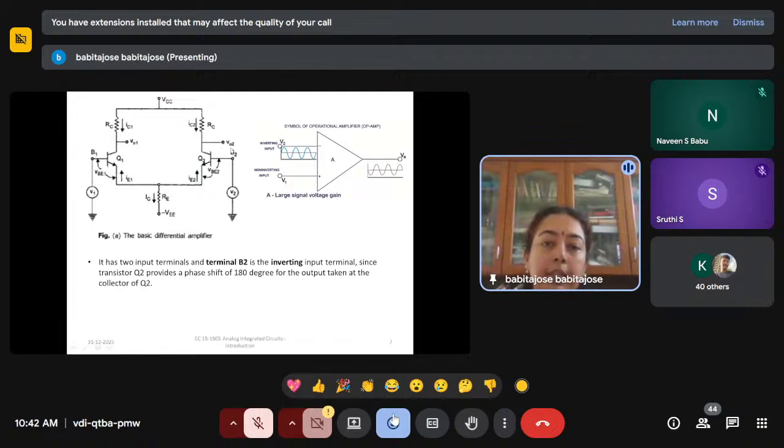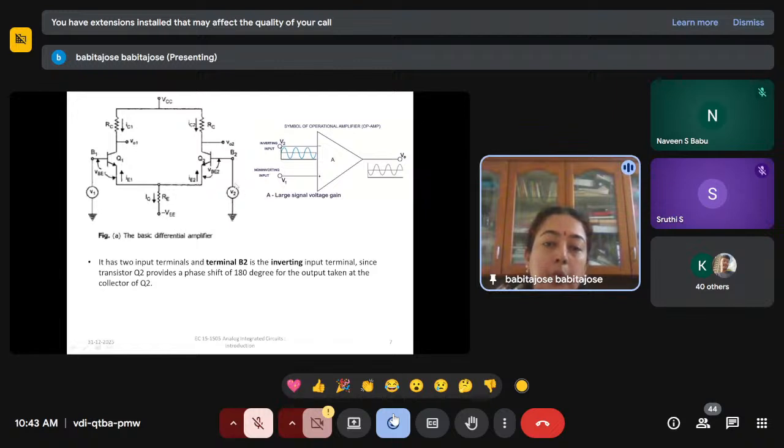And you know that this is a common emitter configuration. There is a 180 degree phase shift between collector and base. So the terminal B2 will be the inverting input terminal, because there is a 180 degree phase shift between this V02 and the base B2.